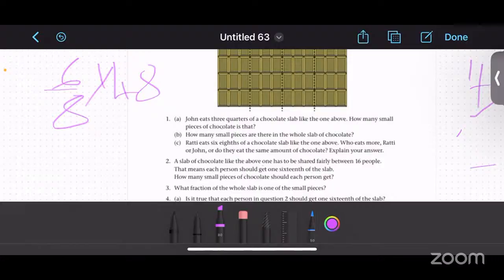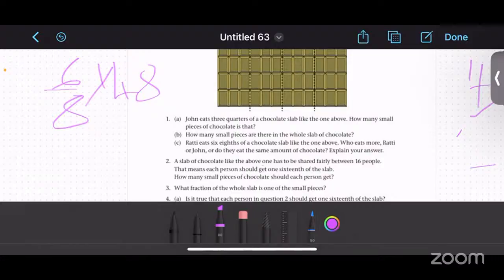So now we want to check who eats more, right? So to check who eats more, we're going to calculate the number of pieces that Rati is going to eat. And then from there, we're going to check if it's more than the half, because we said the half is what? The half is 24, because each slab or each portion has 12 pieces, right?